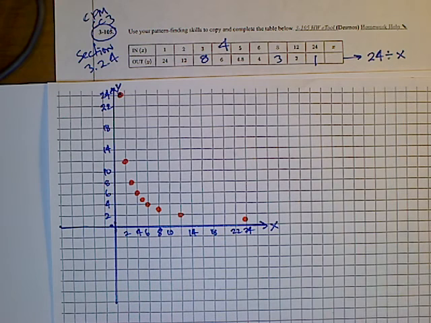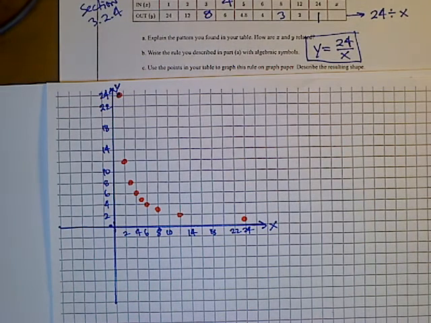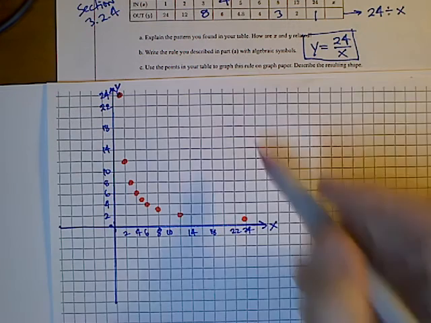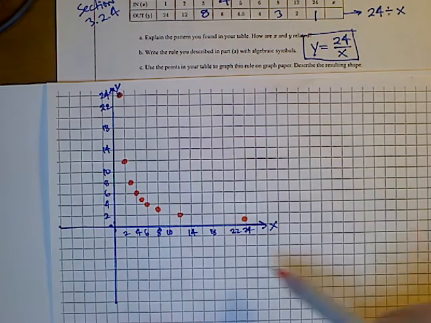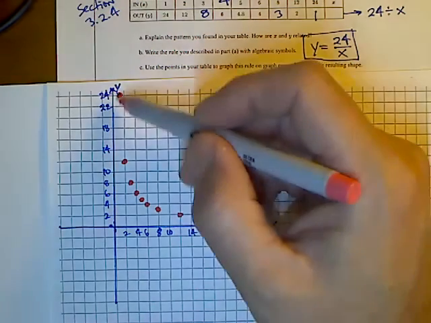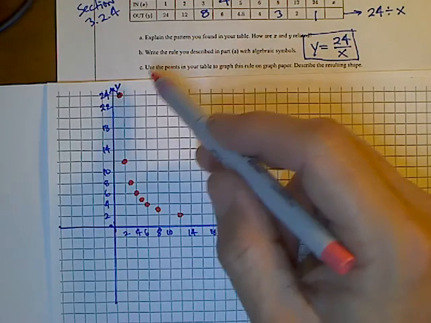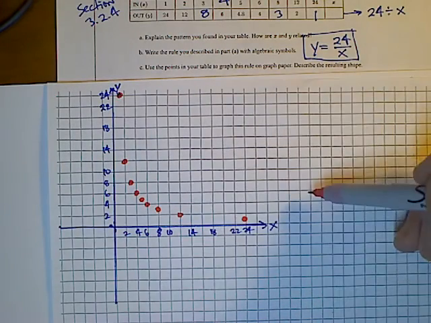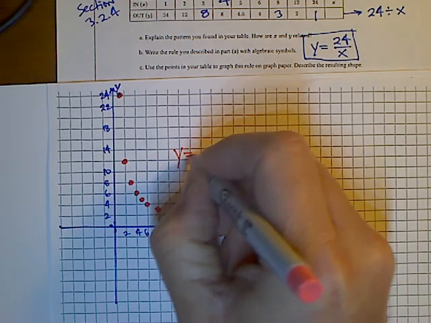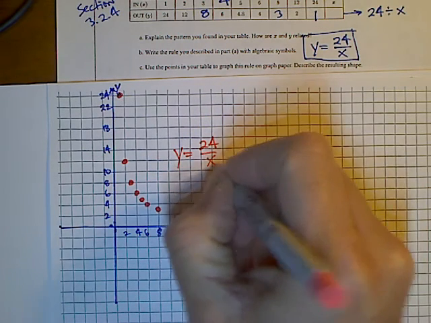My first value is 1, 24. So 1 on the x, 24 on the y. Let me use a different color to graph that so we see it. So that would be that point there. This point here, 2, 12, 2 on the x, 12 on the y. Okay, 3, 8.